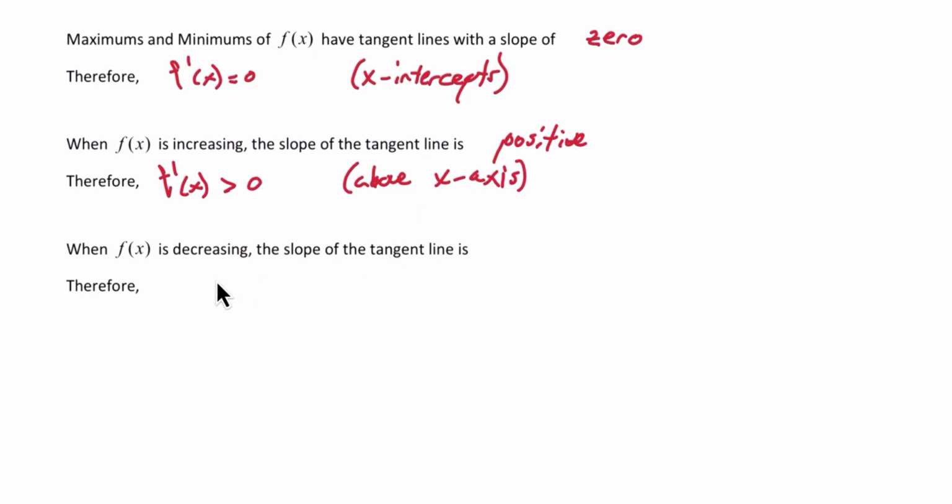And when f is decreasing, the slope of the tangent line is negative. Therefore, f prime is also negative. And that tells us we are essentially below the x-axis.